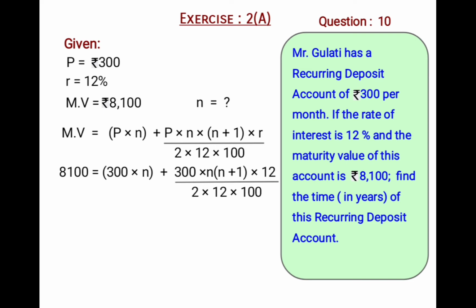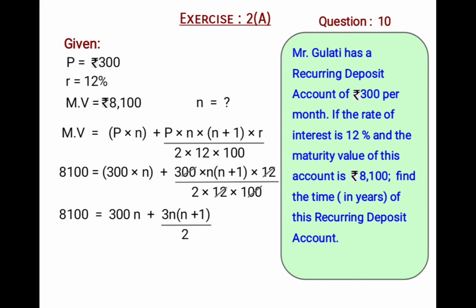On further simplification, we get 8,100 is equal to 300n plus 3n of n plus 1 divided by 2.